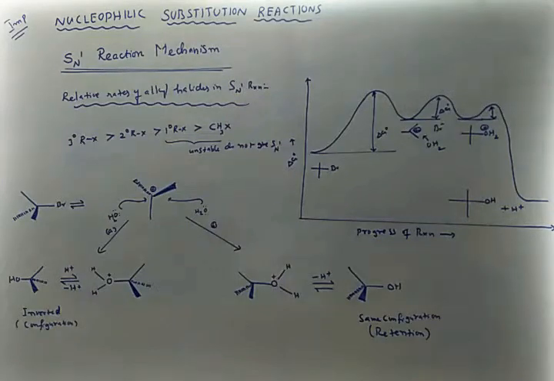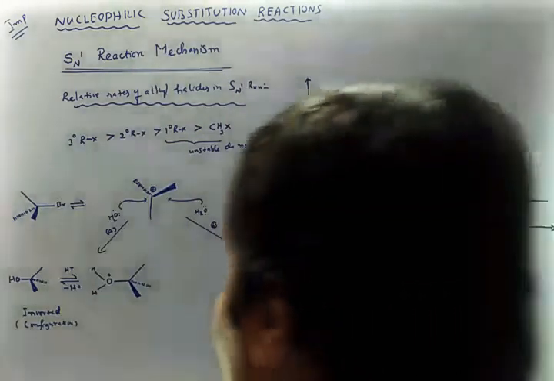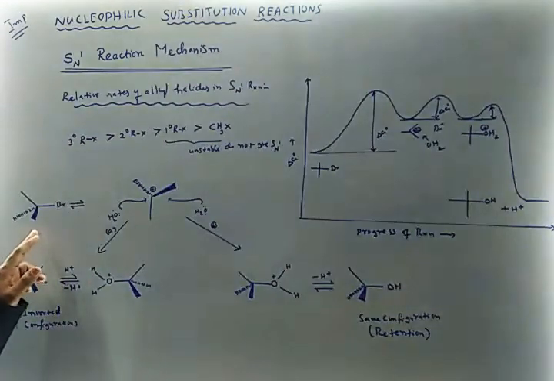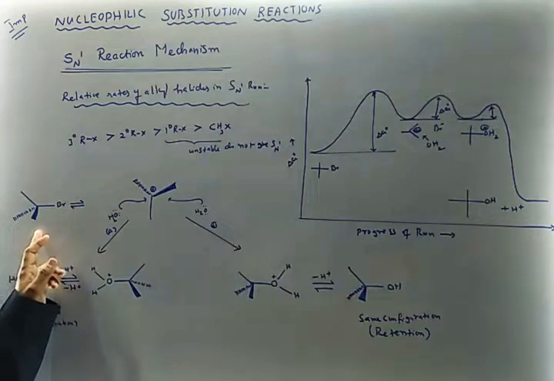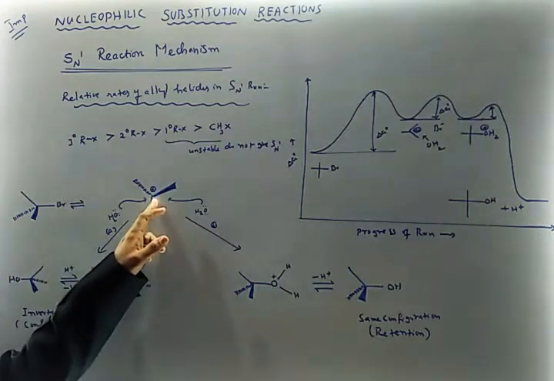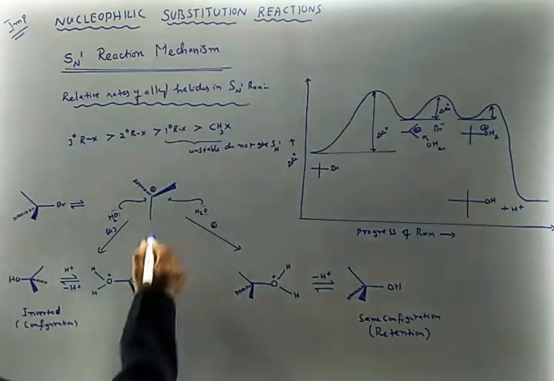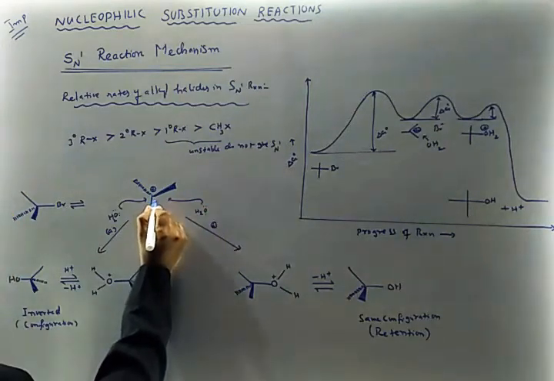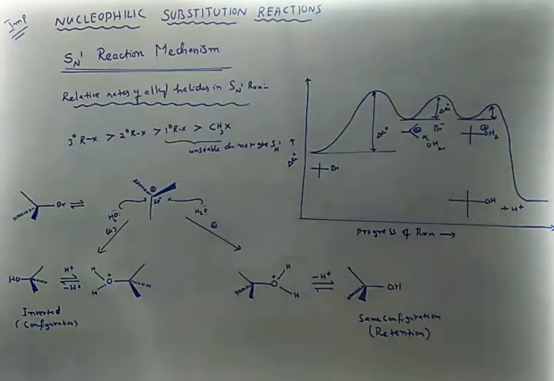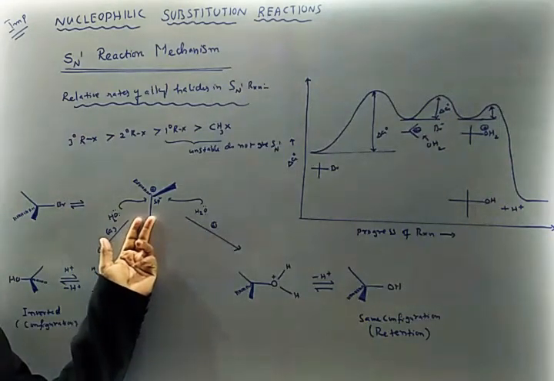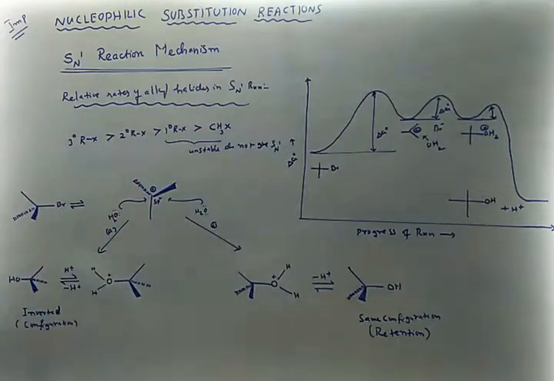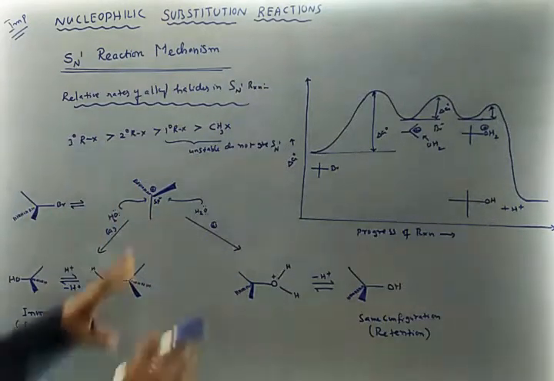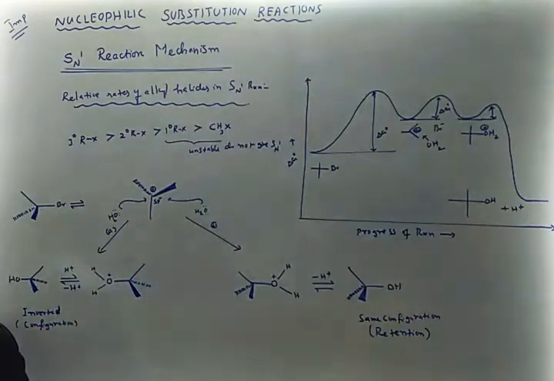Let us see. In this, we have taken an alkyl halide, and the positively charged carbon of the carbocation is sp2 hybridized, and the three bonds connected to this carbon are in the same plane. In the second step of the Sn1 reaction, the nucleophile can approach either side of the carbocation.